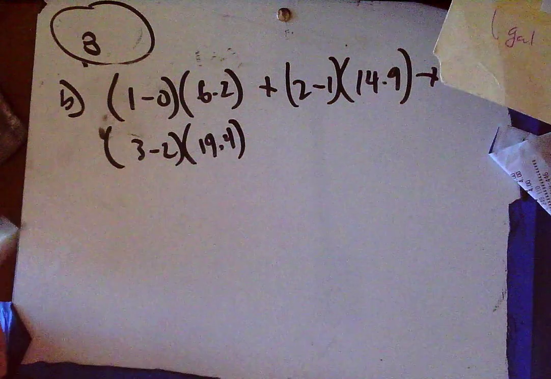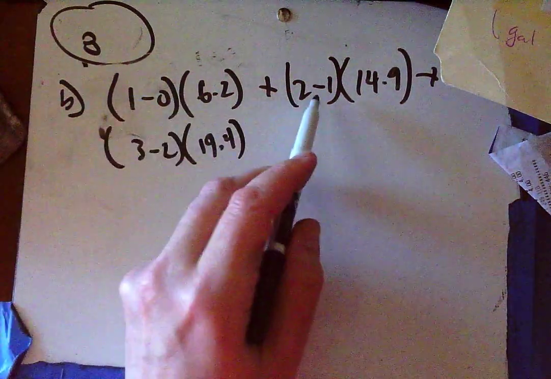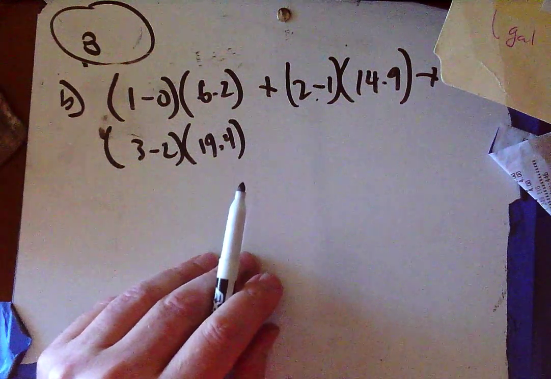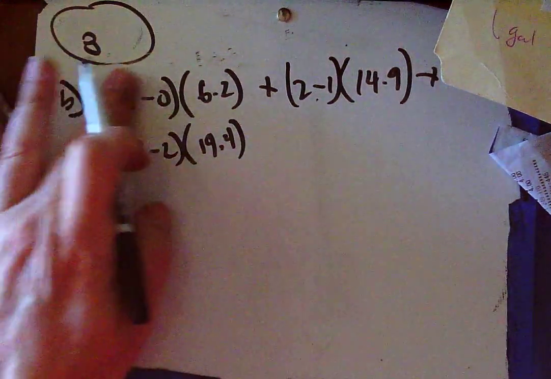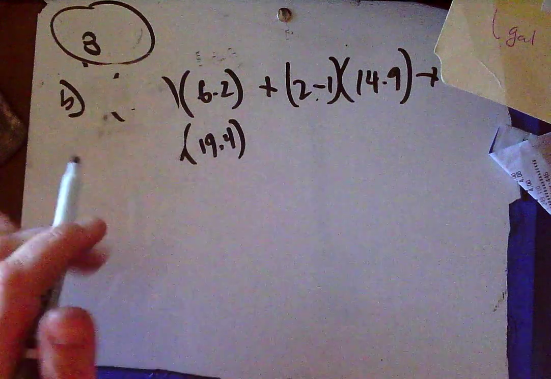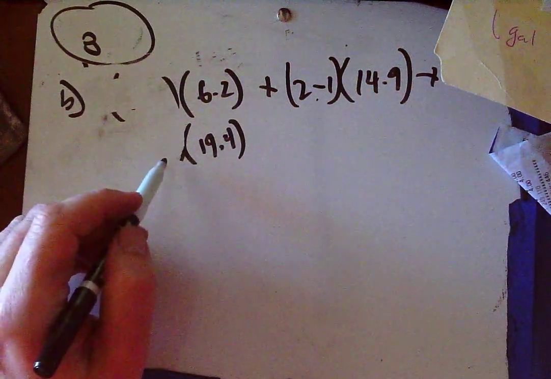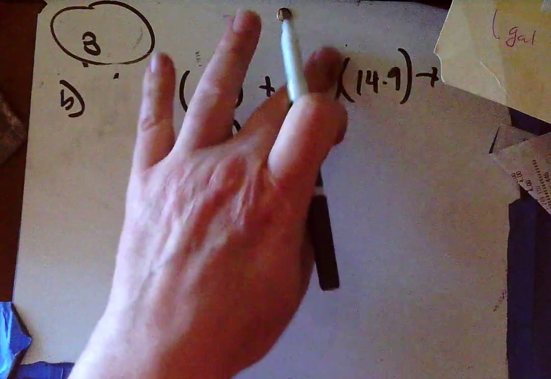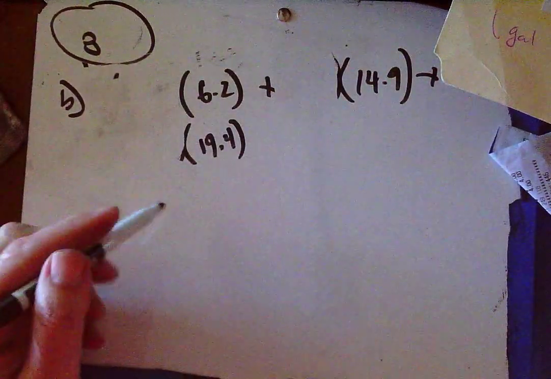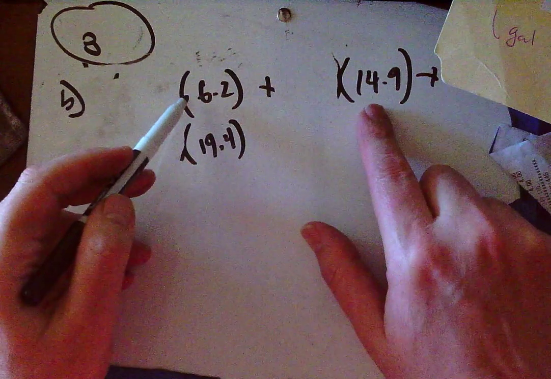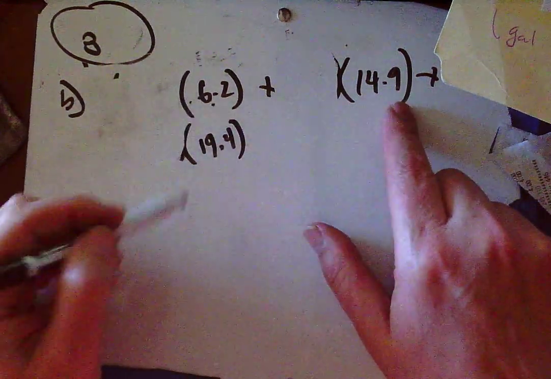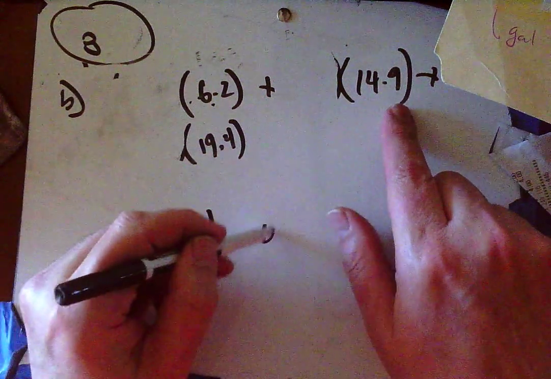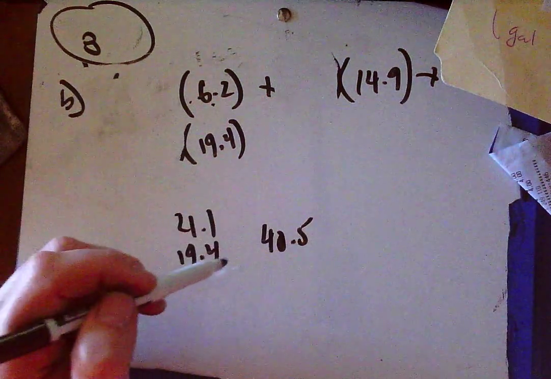Well, you could tidy this up. This is going to be 1, this is going to be 1, this is going to be 1. So I could just get rid of all of this. Oh, can I? No. Yes? Yes. These are all just 1s. And so then really I'm just adding those 3 values. 21.1 plus 19.4 is 40.5.